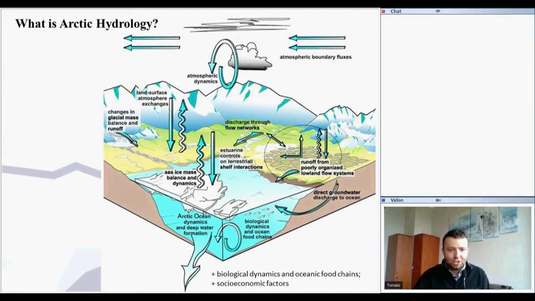So all this discharge through networks such as rivers and lakes, and also processes that happen on glaciers, in the atmosphere and in the ocean, are really important for hydrologists, because hydrologists are dealing with water.